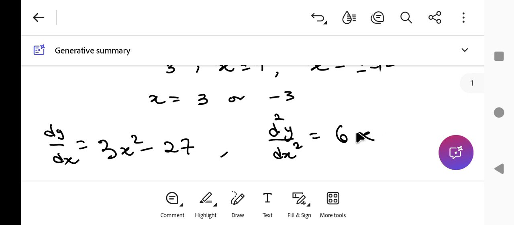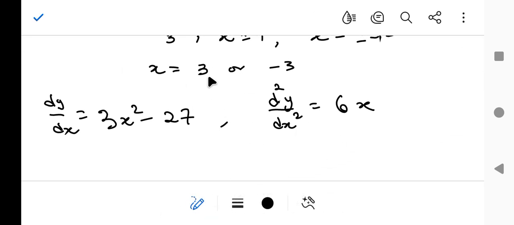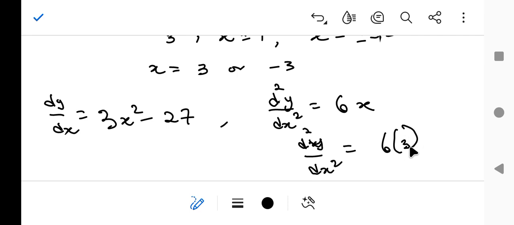So first of all, we have the first one, which was 3. So d squared y upon dx squared at 3, if we evaluate it at the point 3, we have 6 into 3, right?